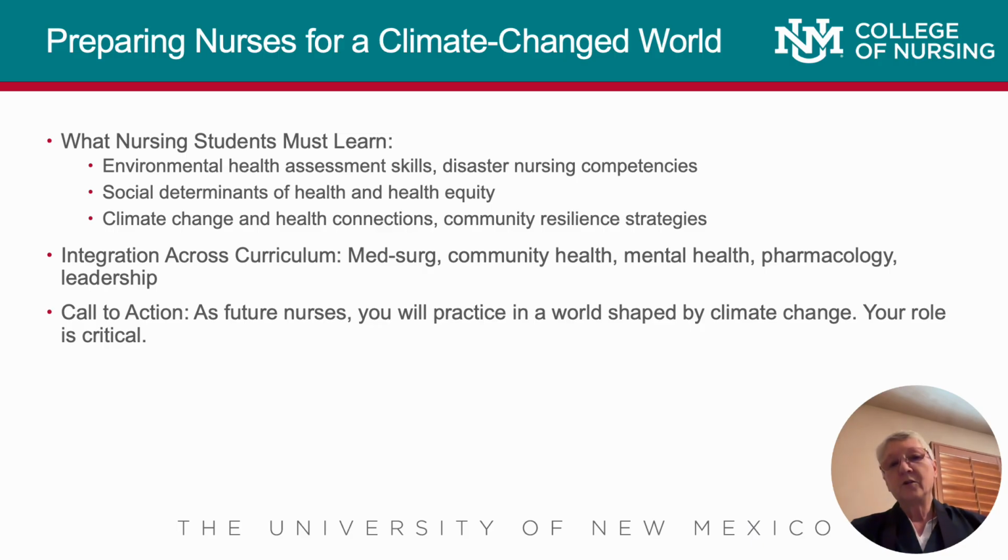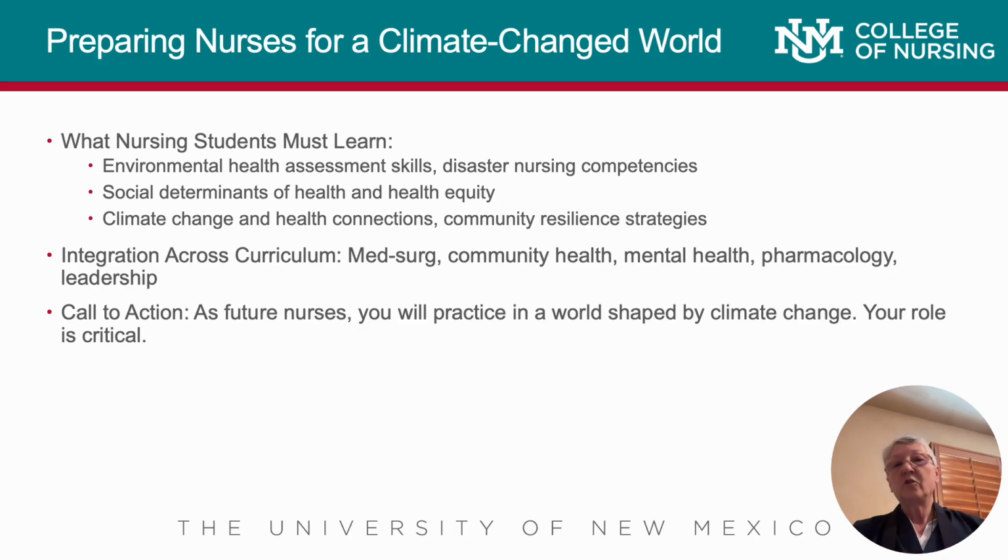This brings us to nursing education imperatives. What do you as nursing students need? You need to learn to practice effectively in a climate changed world. You need environmental health assessment skills, how to take environmental health histories and recognize environmental health hazards. You need disaster nursing competencies across all phases of the disaster cycle.